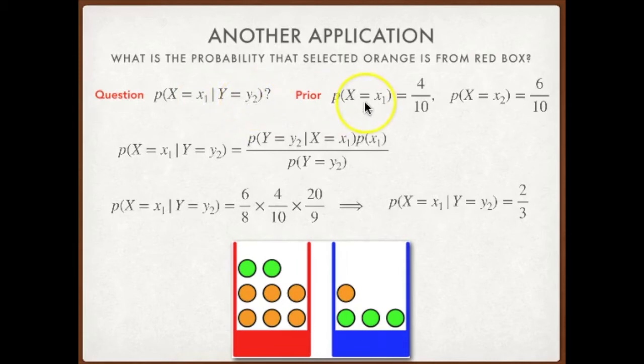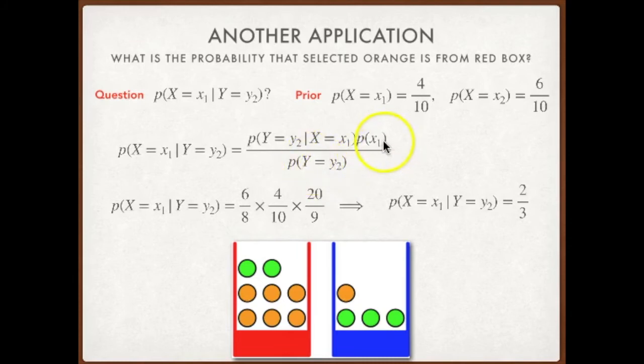Again, we have access to the prior information about the relative chance of selecting a red or a blue box. We can invoke Bayes' theorem to answer such questions. So p of x equals x1 given y equals y2 can be written as p of y equals y2 given x equals x1 multiplied by p of x1 divided by p of y equals y2.